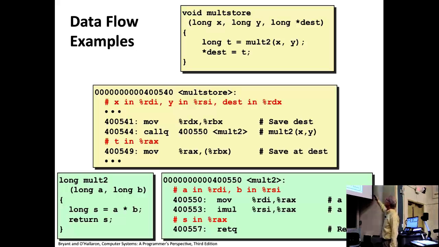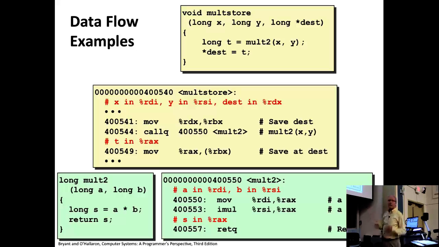And then when the return from RAX occurs to mult_store, the mult_store code can assume that register RAX holds the return value, and it can store it in its destination register. And we'll look in a minute why RBX gets used here. We'll cover that in just a little later.